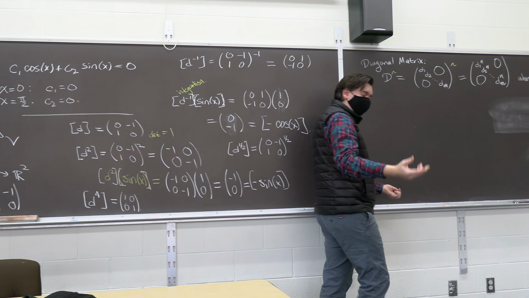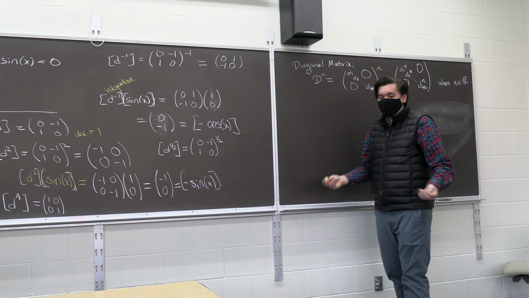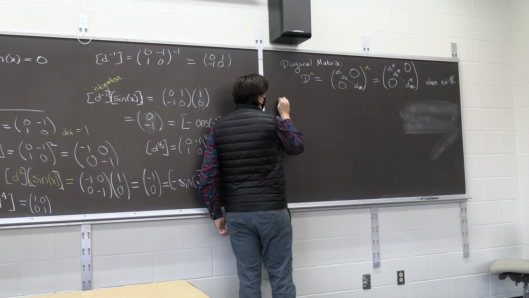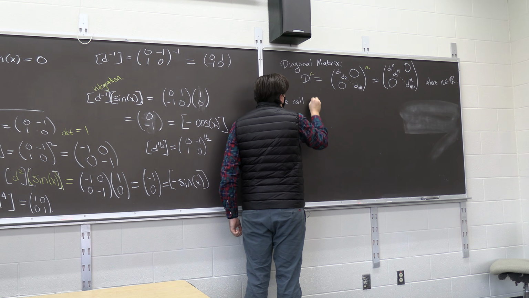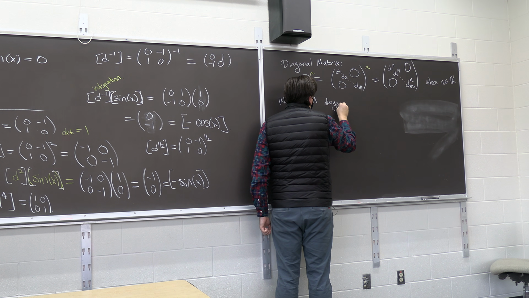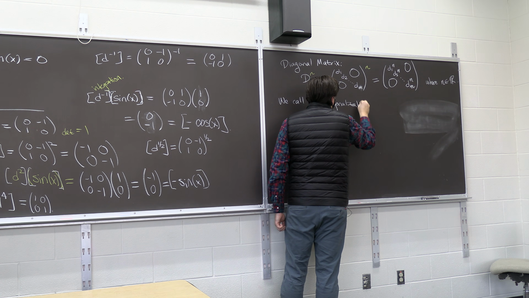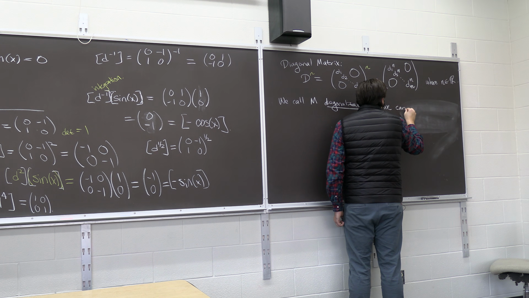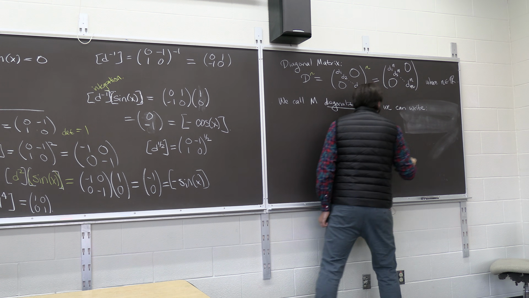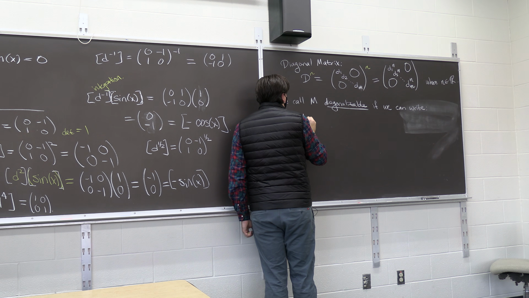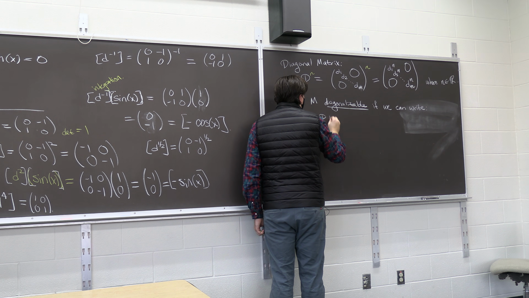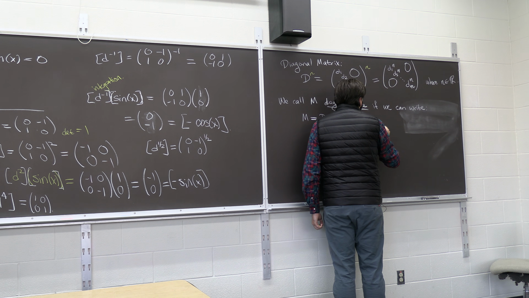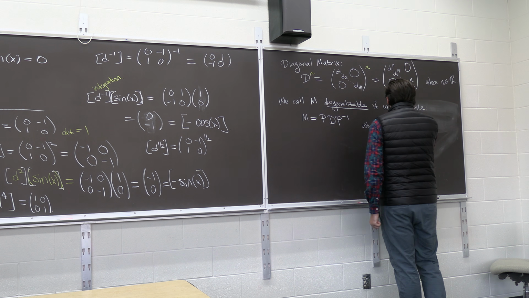One of the big things you learn in your first course in linear algebra is that if you have a matrix that satisfies some nice properties, which we'll come back and talk about in a second, we call that matrix diagonalizable if we can write that matrix M as P D P inverse, where your D is a diagonal matrix.